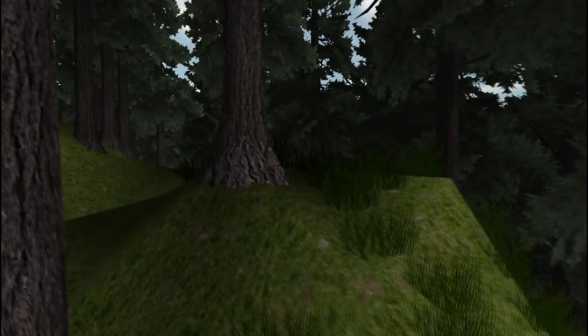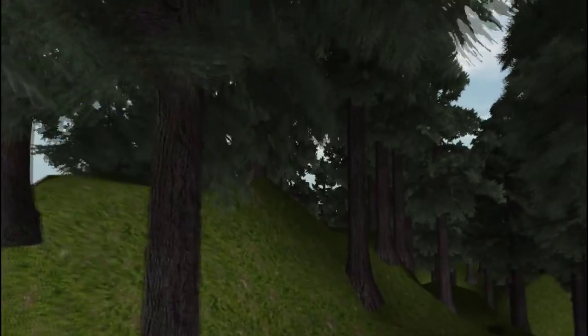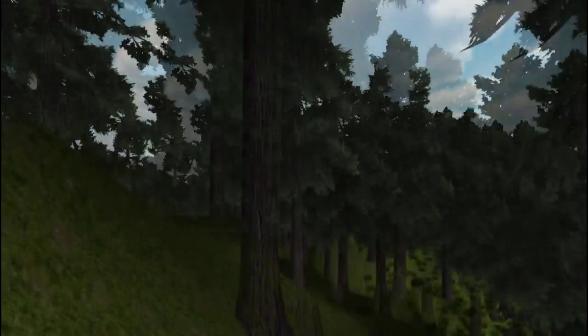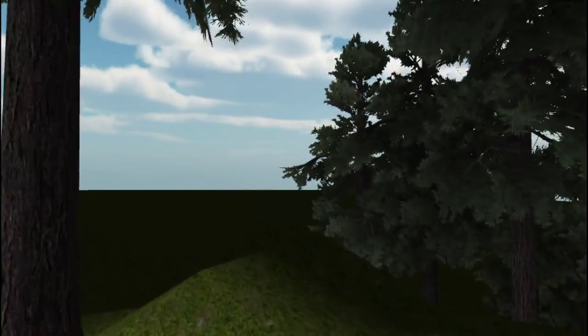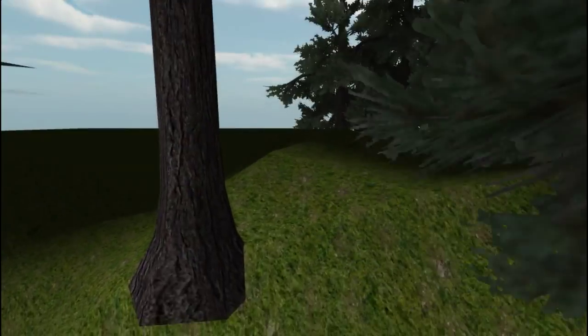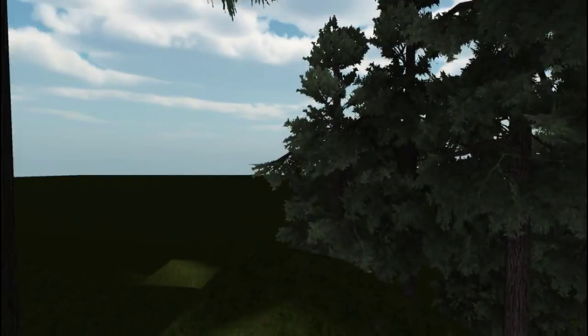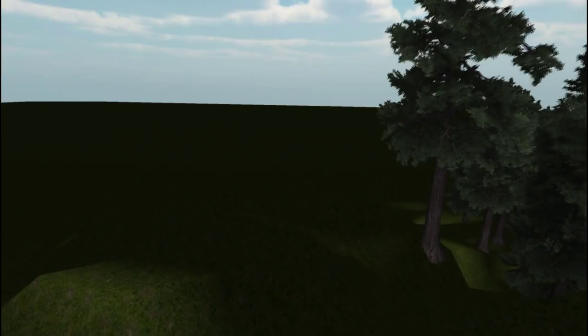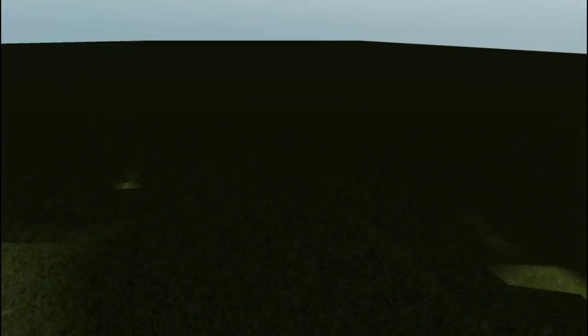Is that the edge? Oh, please be the edge of the world. Oh man, no, am I getting off that? I found the edge of the world! Woohoo! I didn't even know this was over here. Seriously. The edge of the world is mine! Yeah, that's a huge edge of the world.